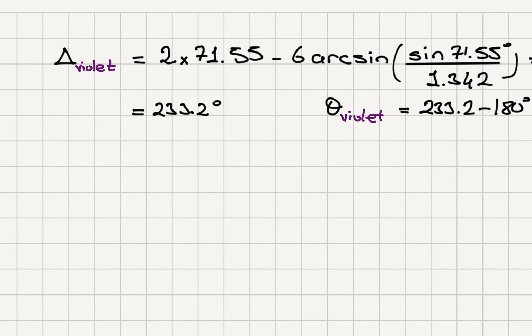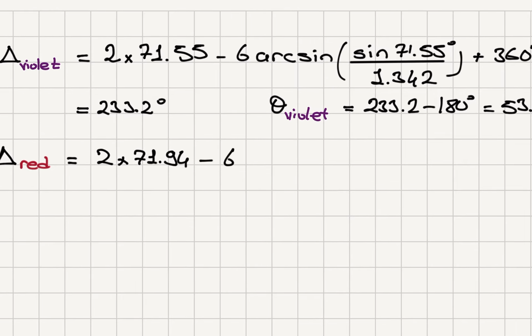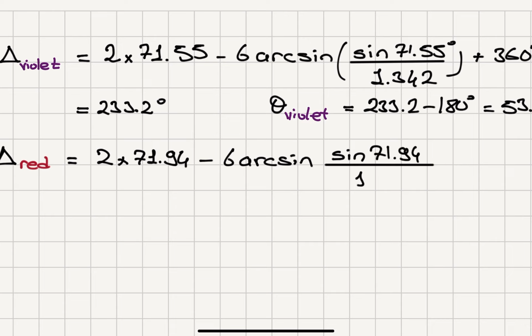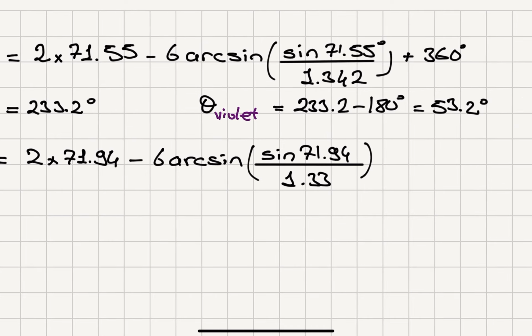And if I do the same calculation for red, the angular deflection for red is equal to 2 times 71.94 degrees minus 6 arc sine of sine 71.94 divided by 1.33, the index of refraction for red, plus 360 degrees.